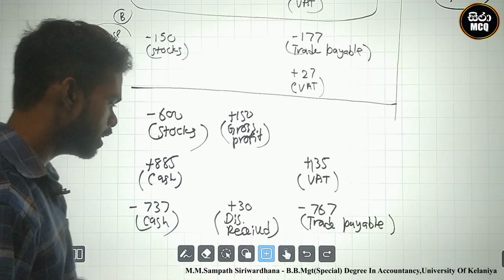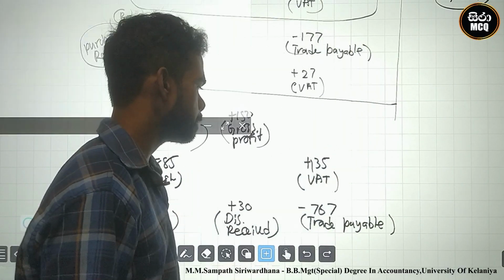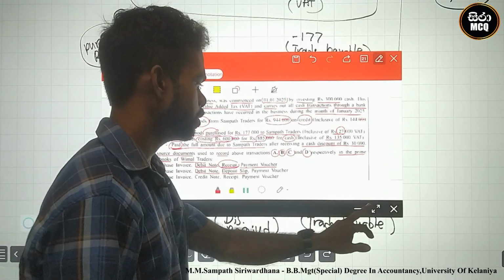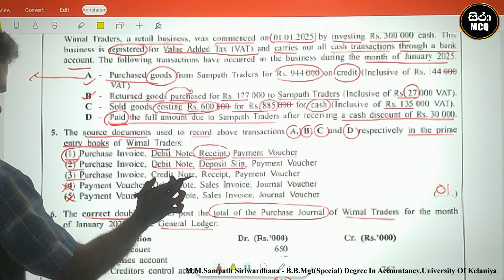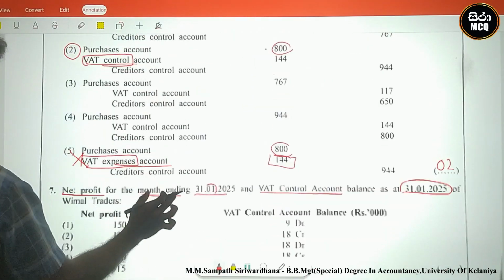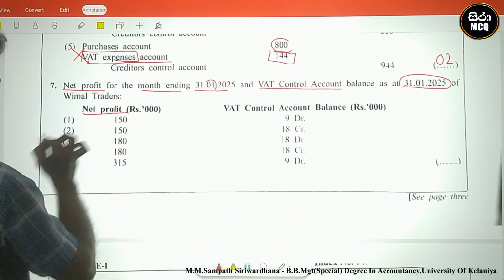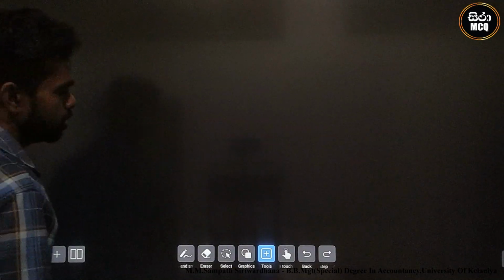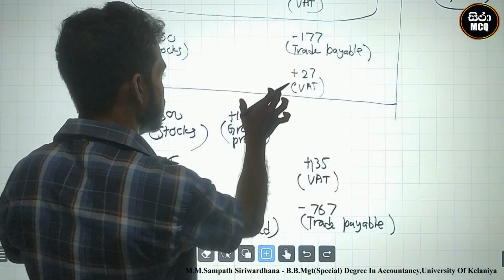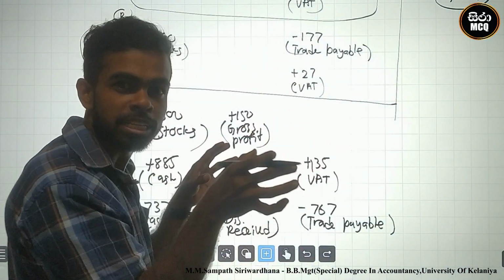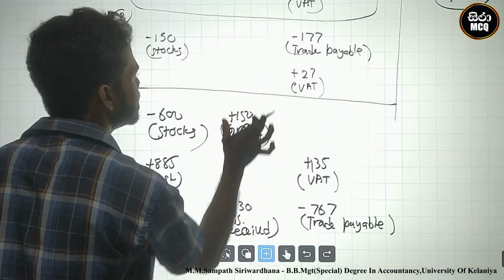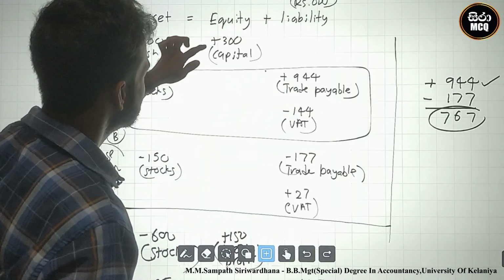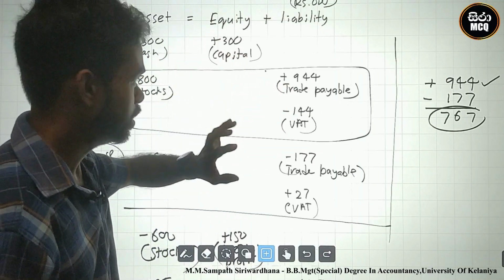Okay, after that what is the requirement of the question? Look here, the requirement is question number 7, net profit. Based on net profit, which column is related? The equity column. Capital does not impact net profit.